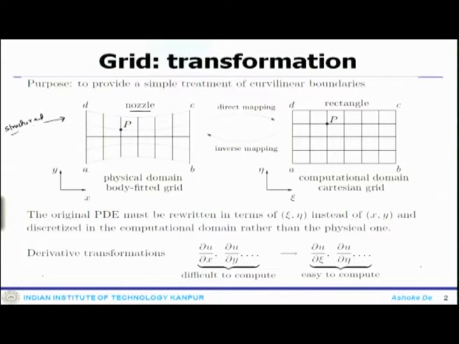Now, the volume of each element is not uniform. What we mean is that once you look at this grid, the grid spacing like delta x, delta y, are no more uniform.